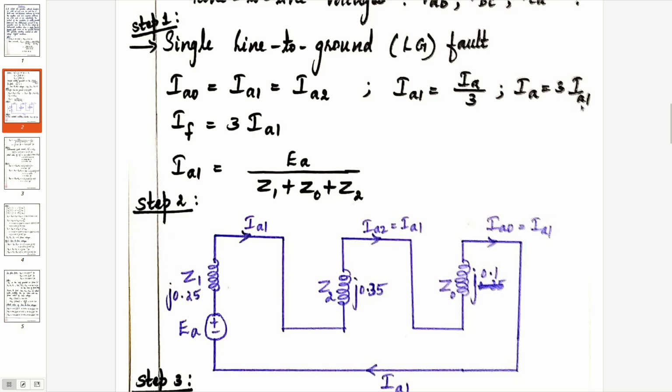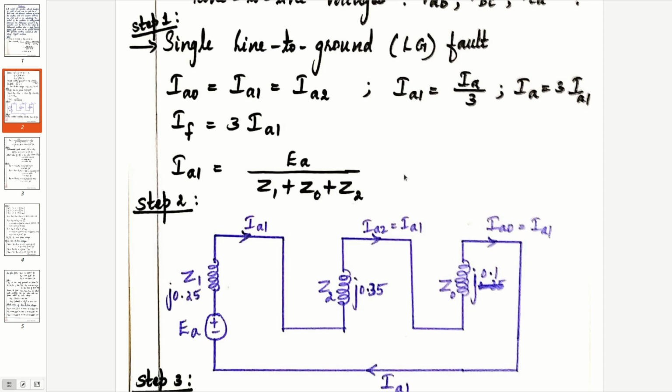We know the fault current IF is equal to IA, by assuming that the single line to ground fault occurs at line A terminals. So IF is equal to IA is equal to 3 IA1, and the IA1 formula is EA divided by Z1 plus Z0 plus Z2. These formulas are taken from derivation 1.